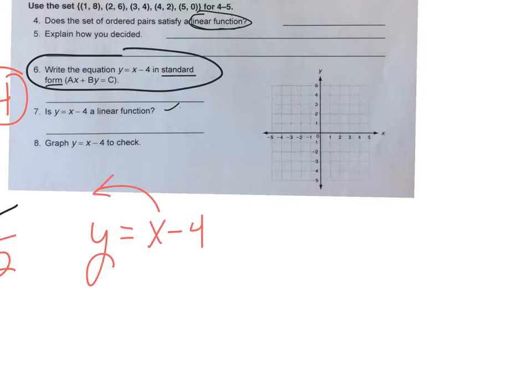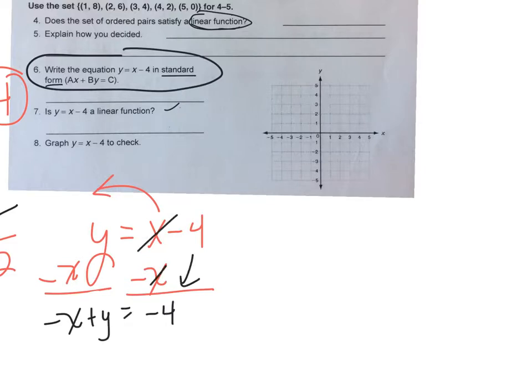Let's move x to the other side because I've got to get x and y on the same side. So if I subtract x and put an x over here, now be careful. You can either write y minus x, or you simply put the x in front, negative x. y is positive, so we're going to add the y and then bring down your negative 4. Now, ax plus by.